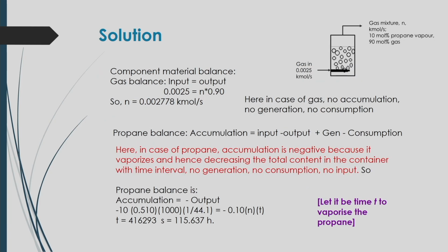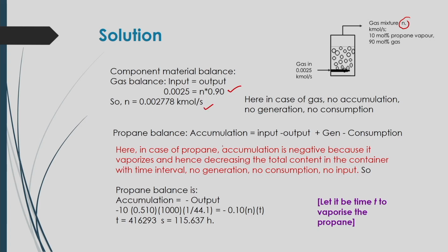According to that, what will be the component material balance? Now, gas balance will simply be input equals output, since there is no reaction. Since the total output amount is not known to you, it is assumed to be N. So, as per that gas balance, this N value will be coming like this.